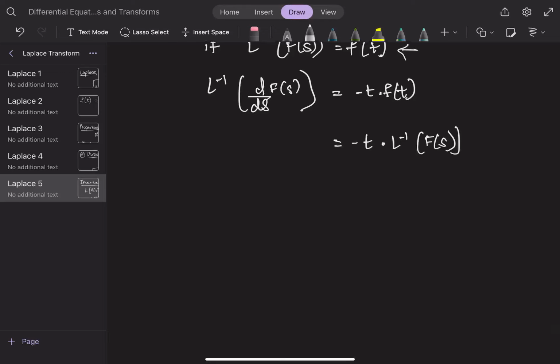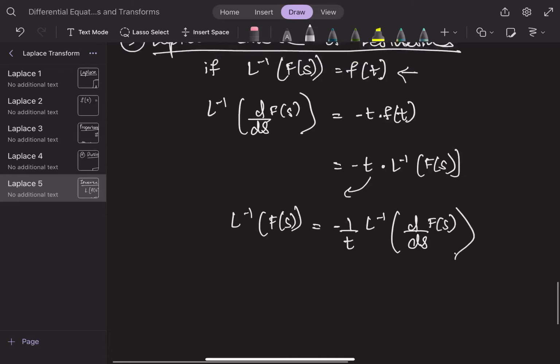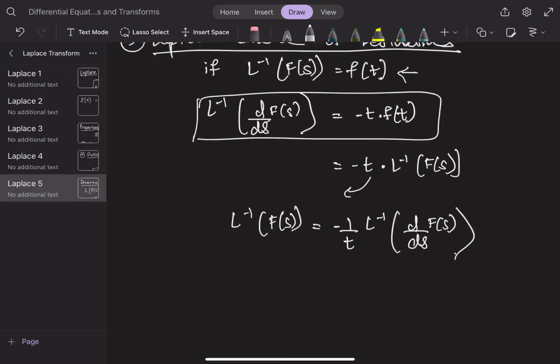Now I'm gonna take this minus t to that side. So you get Laplace inverse of F(s) as minus 1 by t Laplace inverse of d/ds of F(s). So remember this as well as this.